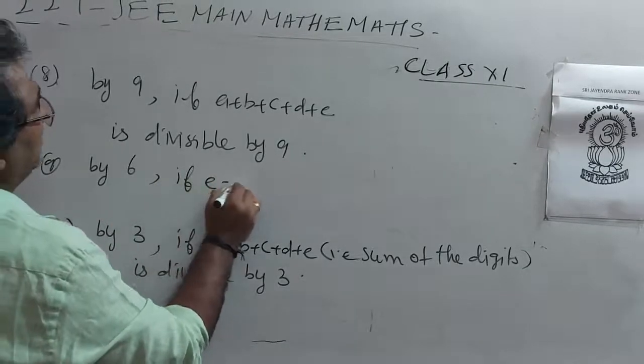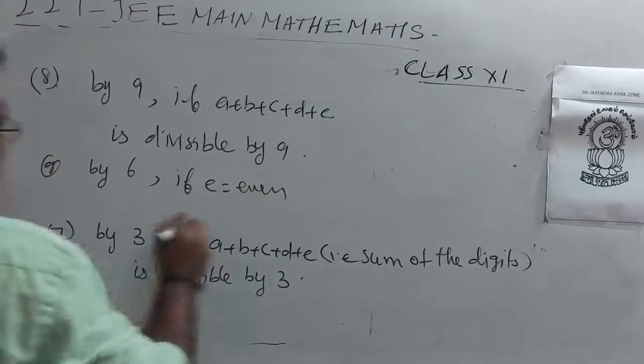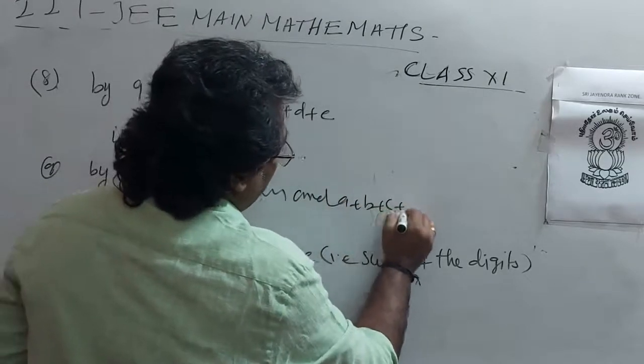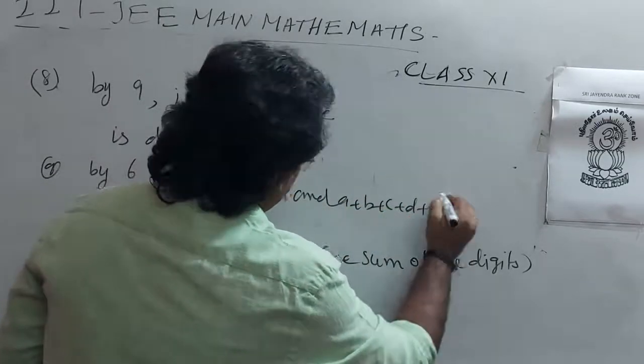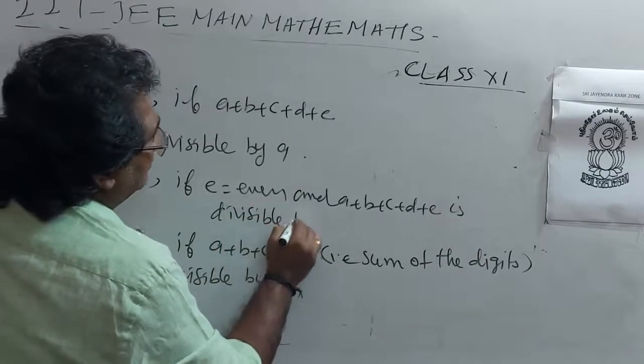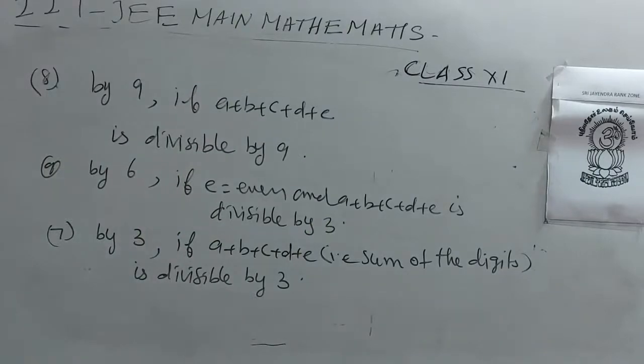By 6, if E is even and A plus B plus C plus D plus E is divisible by 3.